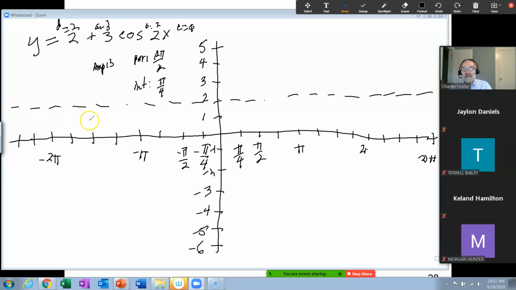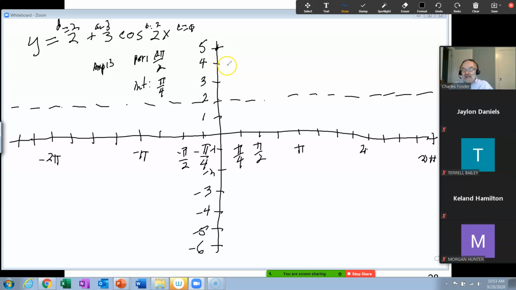Now, that's your vertical shift. If you'd had a phase shift, you're going to move from there. We're not. Okay, cosine normally starts at +1, but this has an amplitude of 3, so from this new baseline we go up 3, and that's why we needed the 5 there.